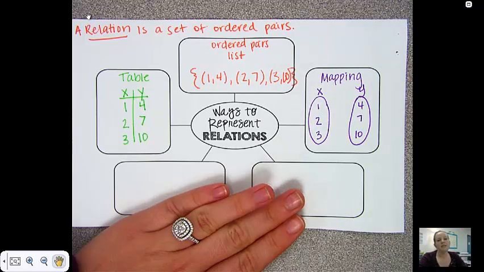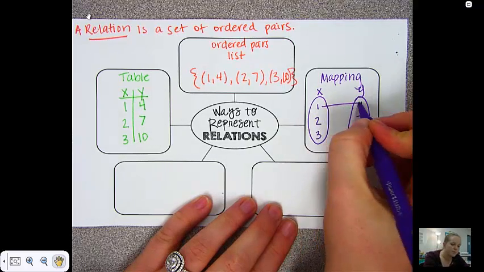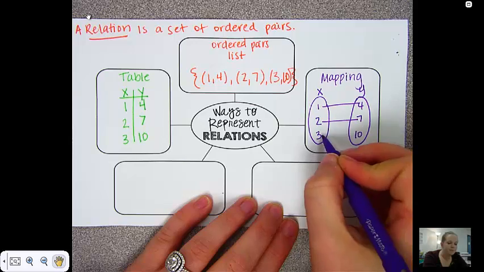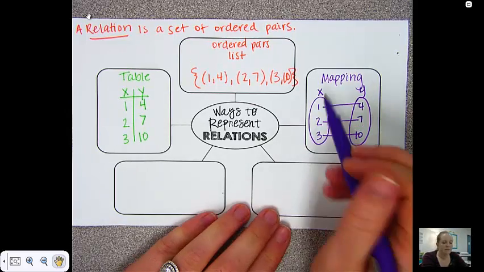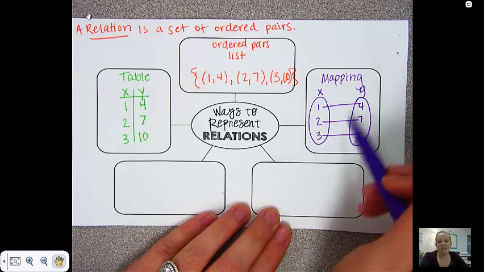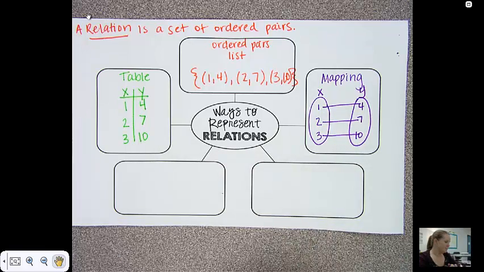And then they'll draw lines to show the connection between the two. So 1 goes with 4, 2 goes with 7, and 3 goes with 10. The lines might be different if the ordered pairs were in a different order, and then you might have 3 to 4 or 1 to 10.